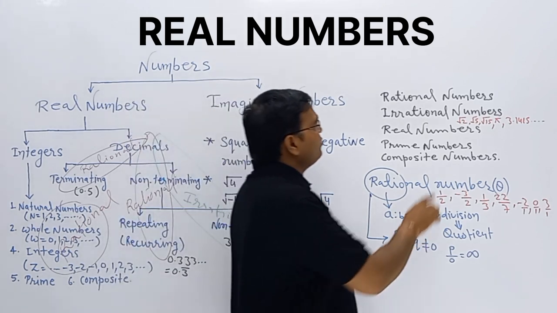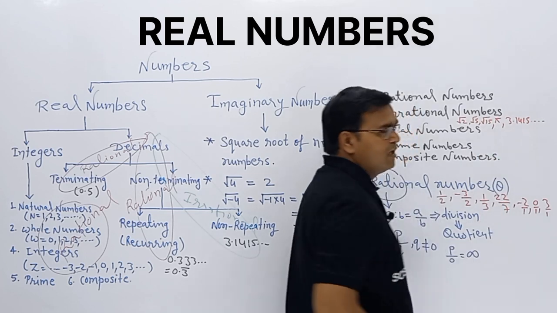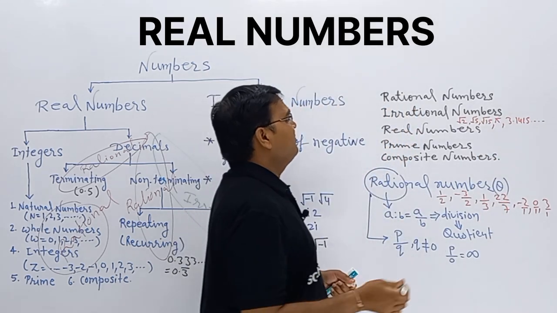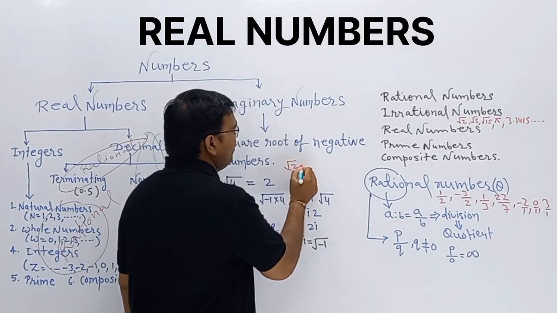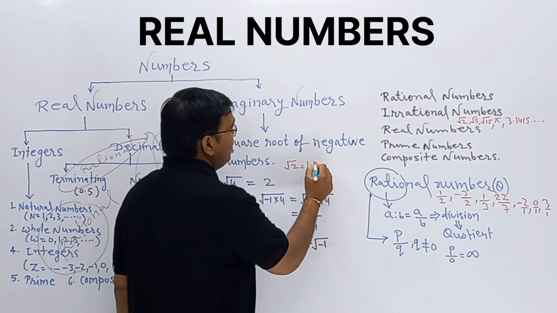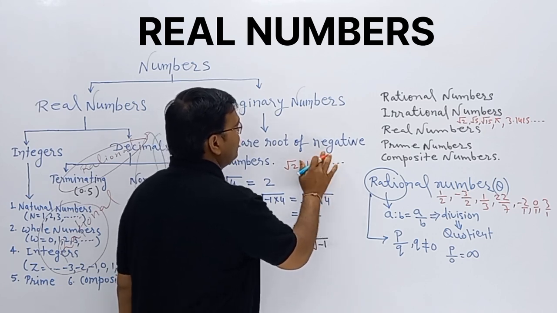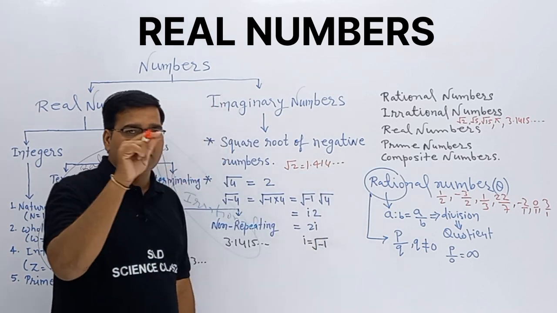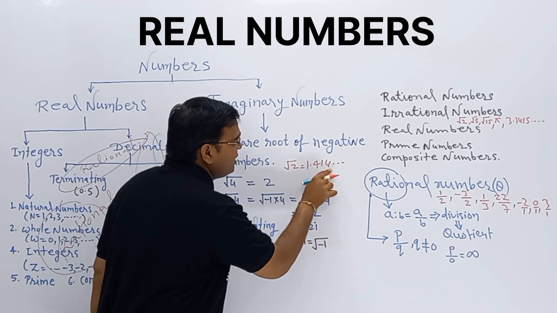These are the examples of irrational numbers: √2, √5, √15, pi and so on. How is √2 irrational? After solving this root, we get 1.414 and so on. After the point we are getting different values up to infinity, so it is non-terminating, non-repeating.